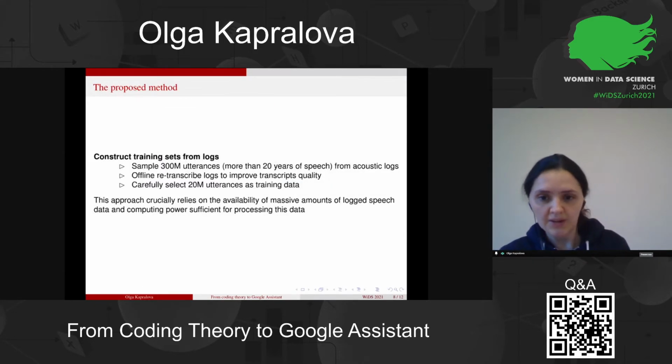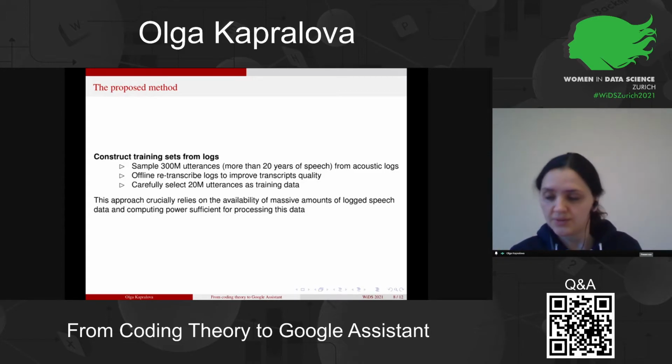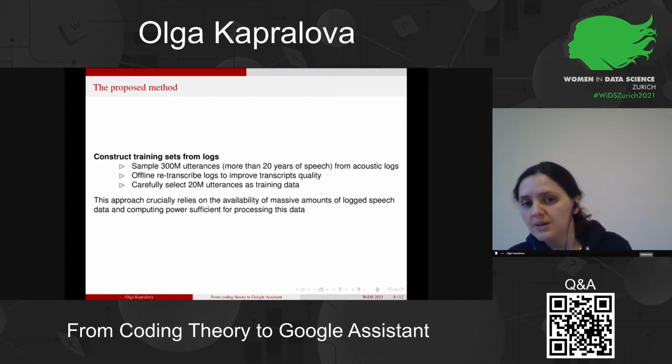Getting more data at that point was easy. We are Google, right? Yes, we have logs. So at that point, I decided to sample 300 million utterances from our acoustic logs, which is more than 20 years of human speech. And then I had to construct high quality transcripts for these utterances. How was it done?